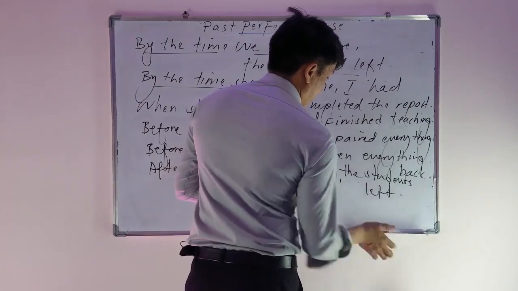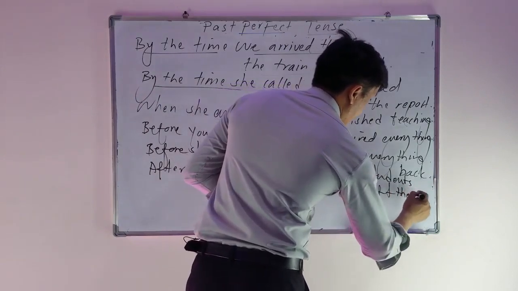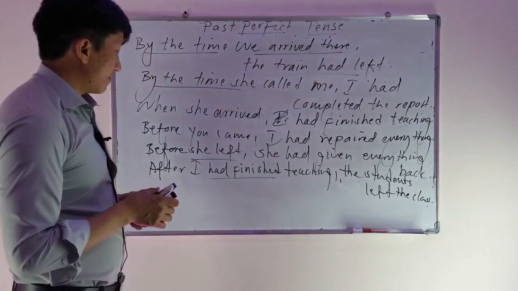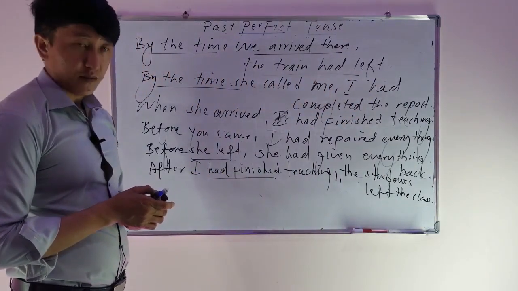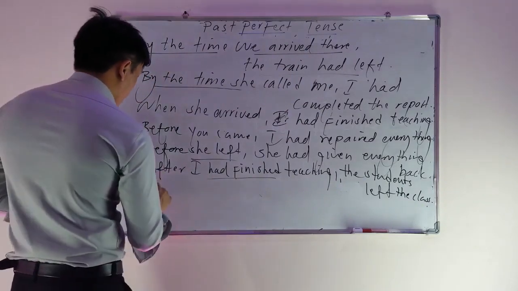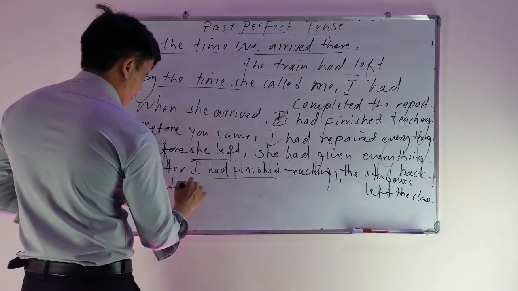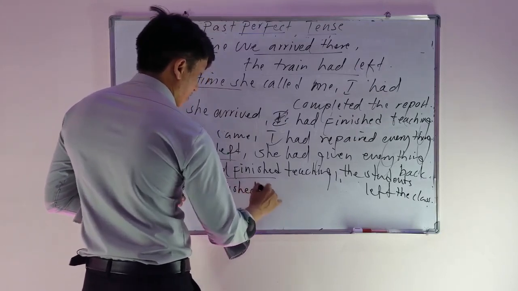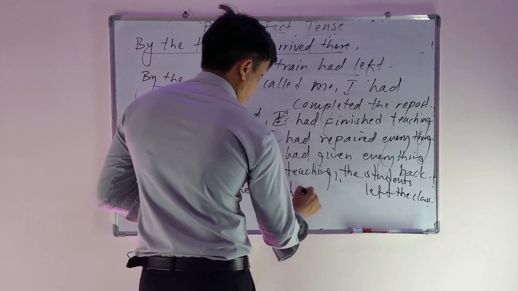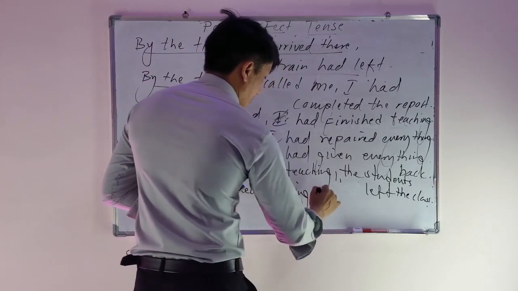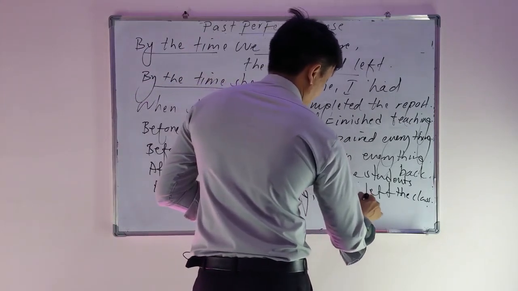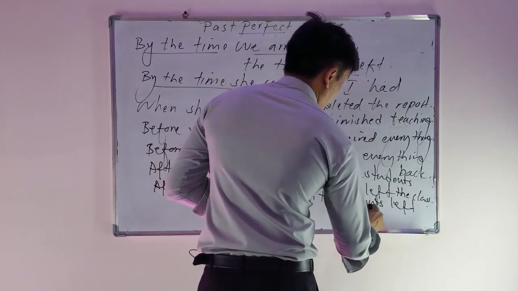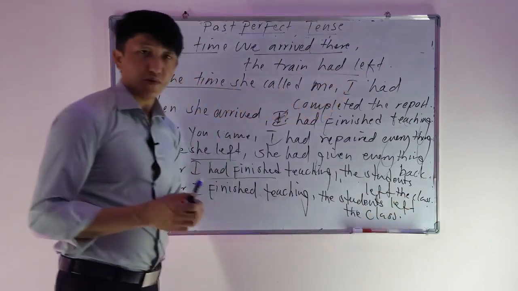Let's say the students left the class, not had left. So we can say after I had finished teaching, the students left the class. But I can also say after I finished teaching, the students left. Here, both of them can be right.